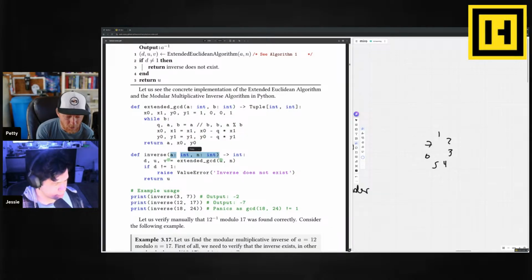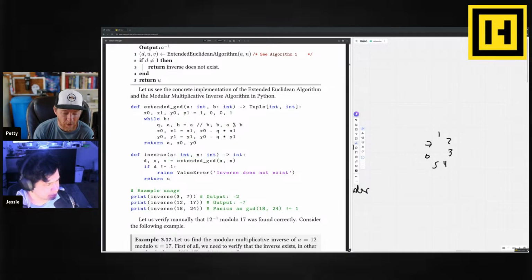If that is not equal to 1, you raise a value error. Otherwise, you give U, which is what we have up there in the previous. It's basically saying if the greatest common divisor isn't 1, then the inverse doesn't exist. If it is 1, then return U.